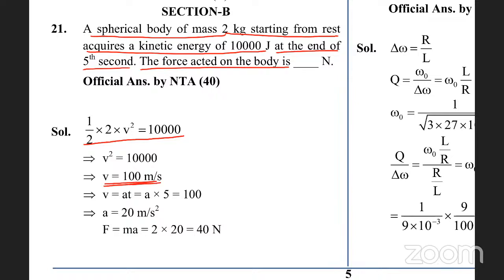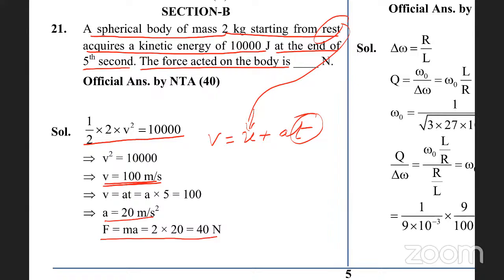Once you know the velocity, by using the formula V is equal to U plus AT, since T is given, U is 0 because starting from rest, you can calculate A, then F is equal to MA. It is a straightforward mechanics problem. So the answer is 40.